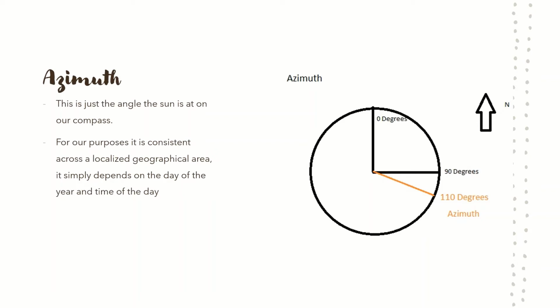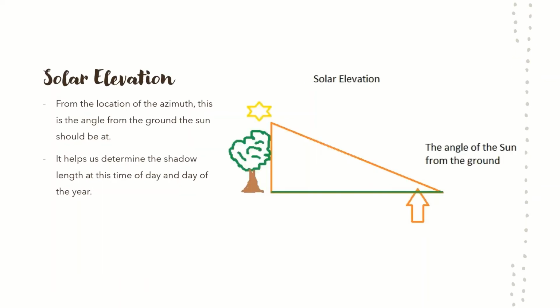So you might be asking, well, what about how high it is in the sky? And this doesn't really tell me where it is. You're right. This just tells us the direction the sun is at. The next one, which is solar elevation, that's what teaches us really how high this is in the sky. And so using the direction plus the elevation really gives us a location of the sun on this particular day and time that we pulled off from the solar calculator.